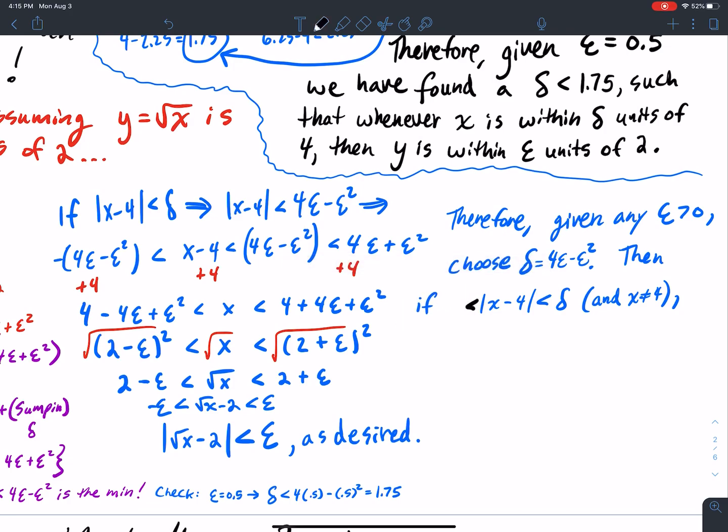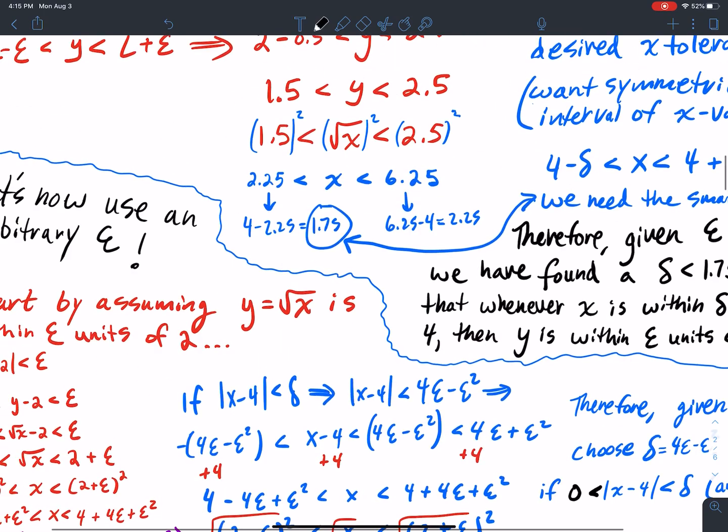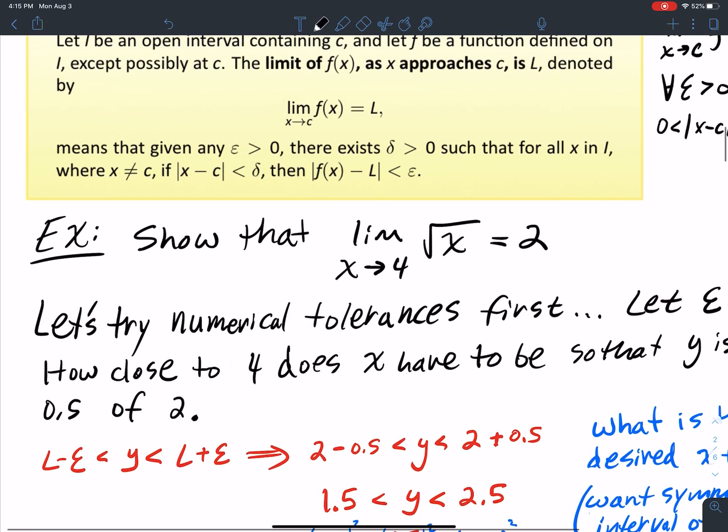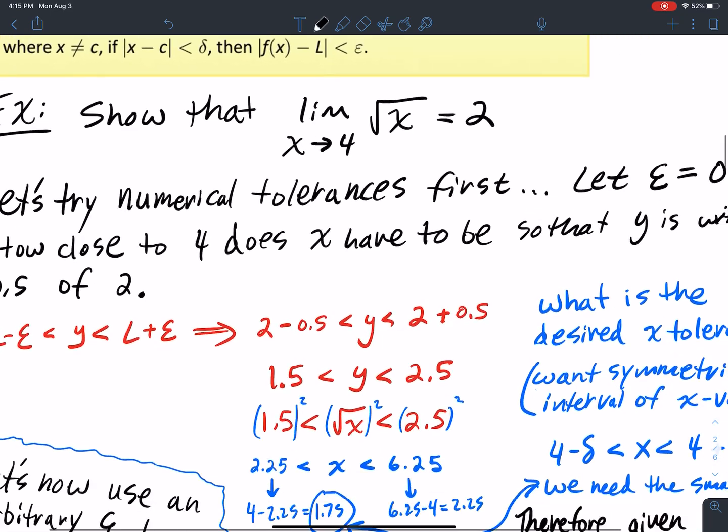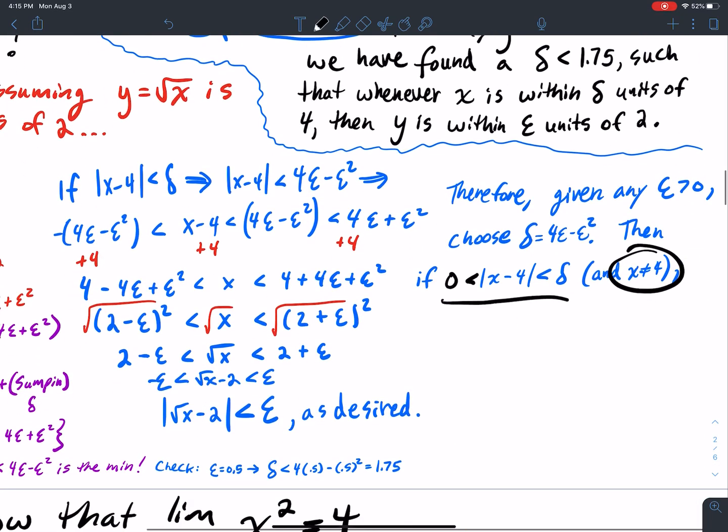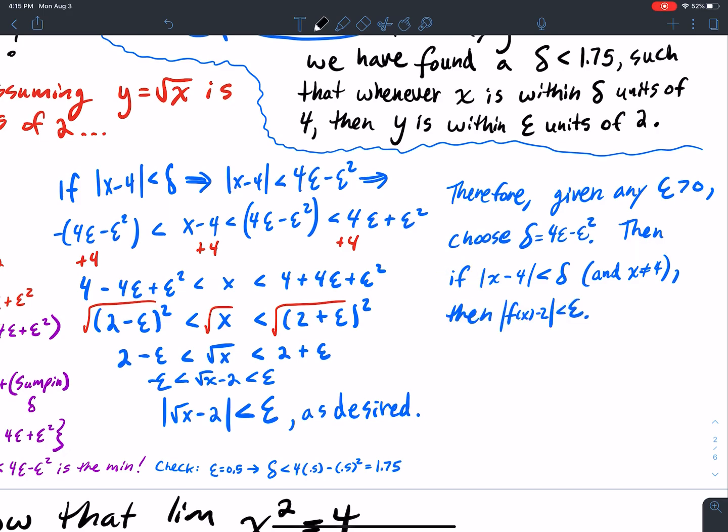You said that this was like that. That's another way to get this in there. Your book does it like this. Other textbooks write it like this. Either way is fine. I just did it that way because that's what your book does.